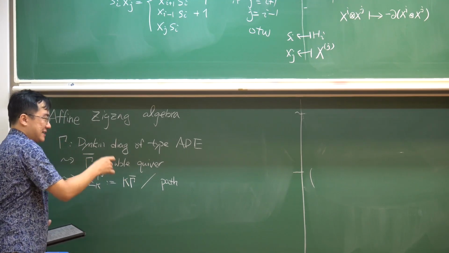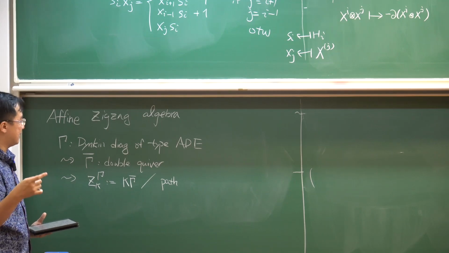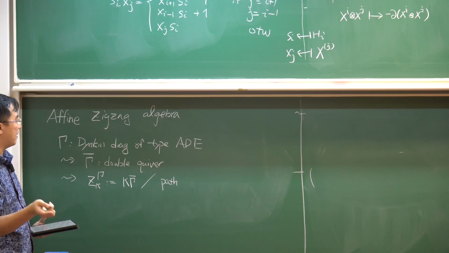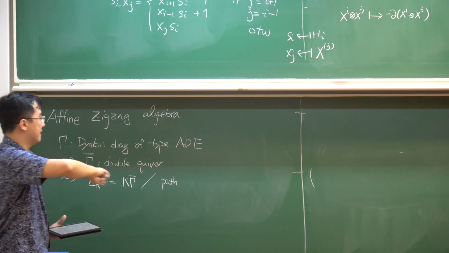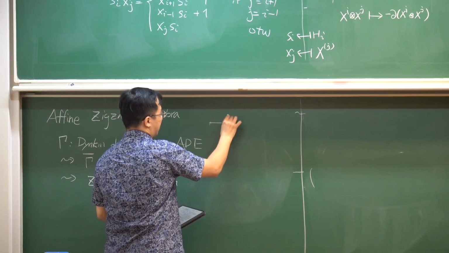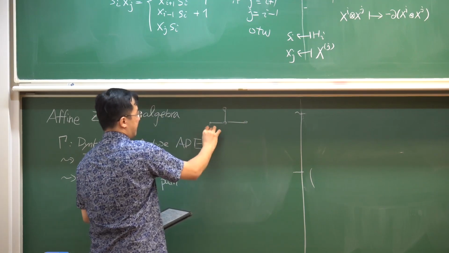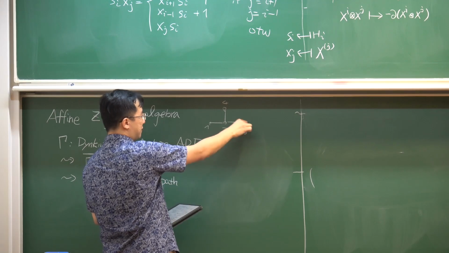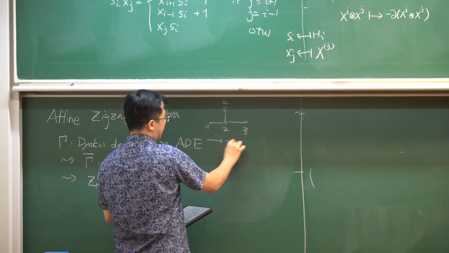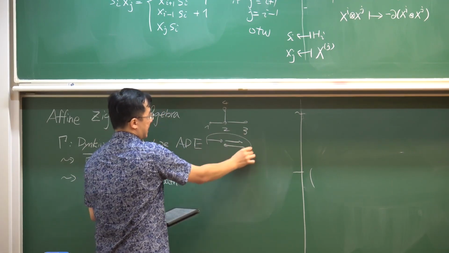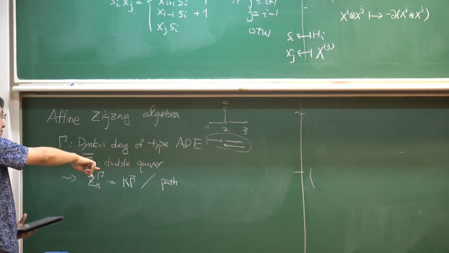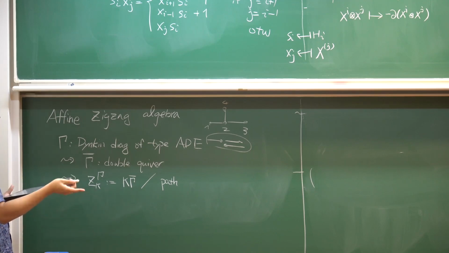I should say first what the path algebra is. As a vector space, this algebra has a basis coming from all the paths on your Dynkin diagram. For example, if you have a Dynkin diagram of type D4, then any walk, say 1 to 2, 2 to 3, 3 to 2, without any relation, is an element in your path algebra. At the moment it is infinite dimensional and out of control.